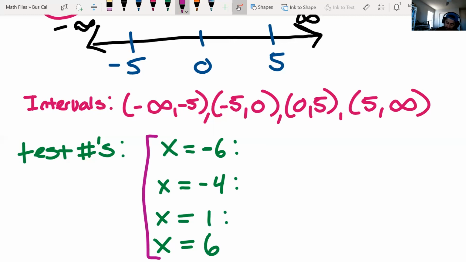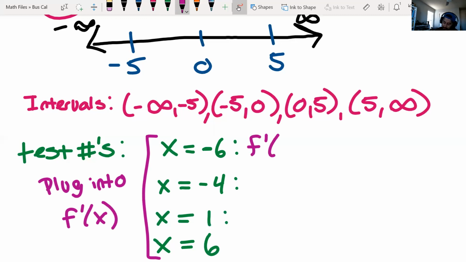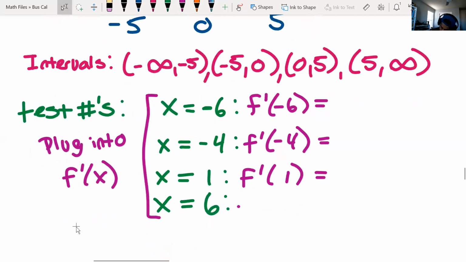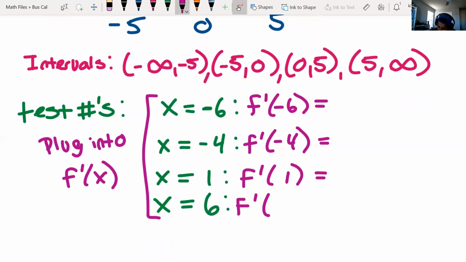Remember, these get plugged into the first derivative. So you'll have f prime of -6, f prime of -4, f prime of 1. Ooh, forgot my dots there. And f prime of 6. And here's where Desmos comes in.